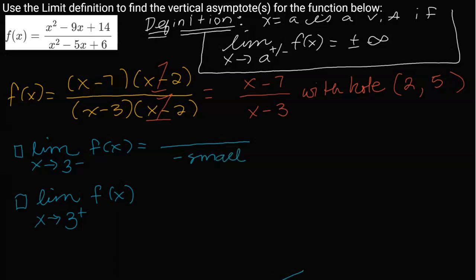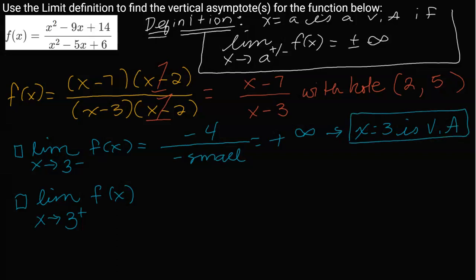And then a number that is close to 3, minus 7, is going to give you roughly negative 4. So negative divided by negative is a positive. 4 divided by a small number is going to be infinity. Therefore, the line x equals 3 is a vertical asymptote for this function.